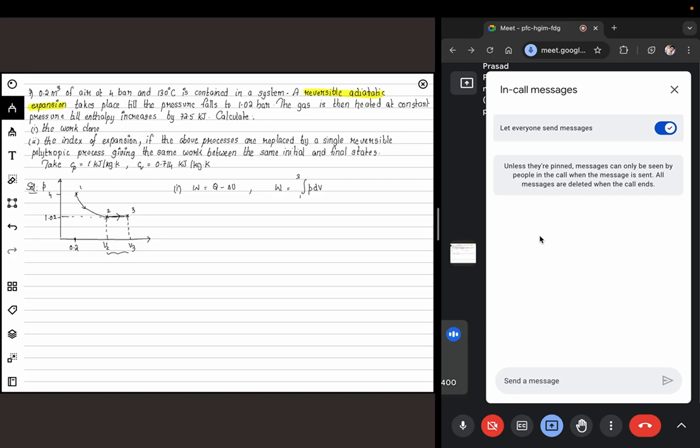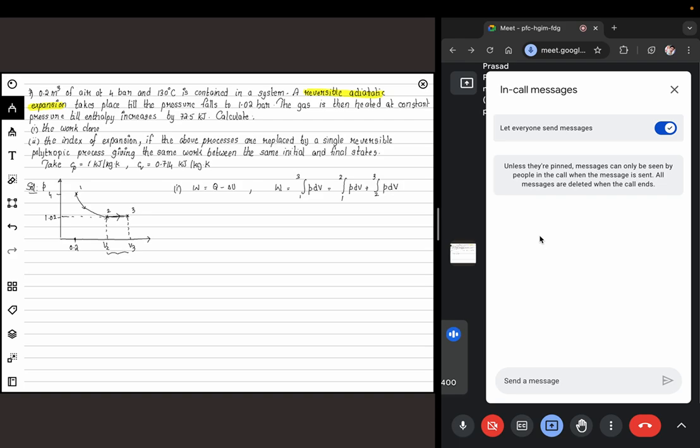Here we have two different processes. Essentially, I can split this integral as from 1 to 2 and from 2 to 3. What is happening in process 1 to 2 is the reversible adiabatic expansion.